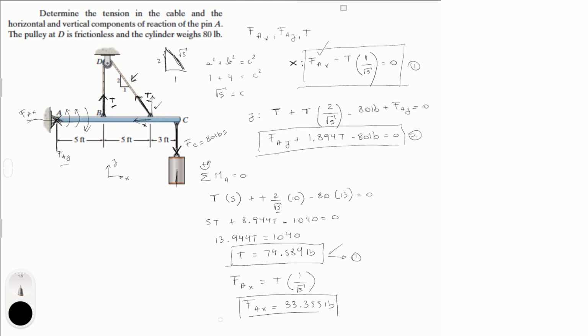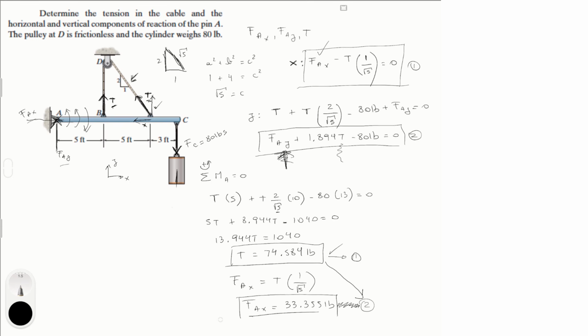And then we can plug this into equation 2, and we can actually not this one. Sorry, we can plug this into equation 2 right here. Sorry about that, guys. Right here, and solve for this one.